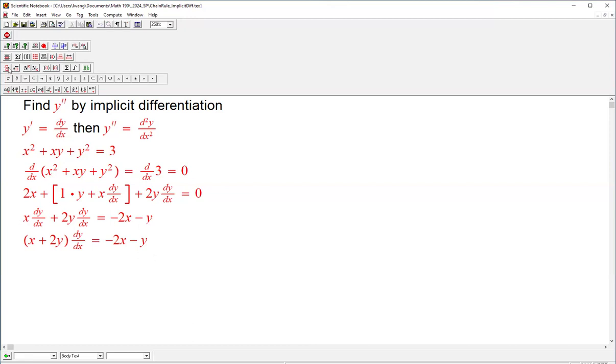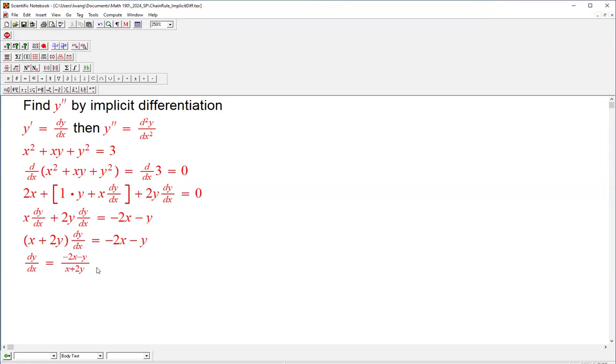In the end, we have dy over dx equals this numerator over the denominator x plus 2y, okay?